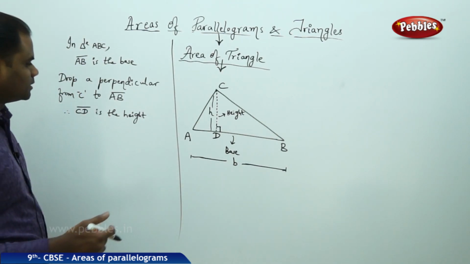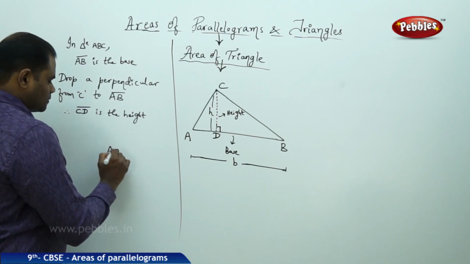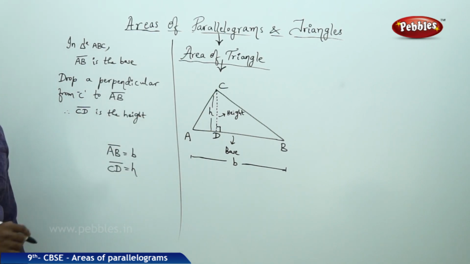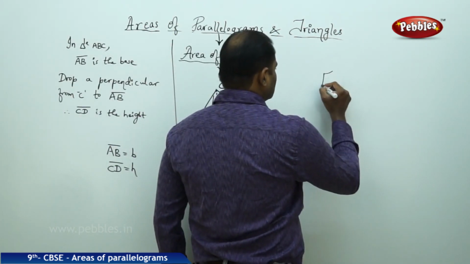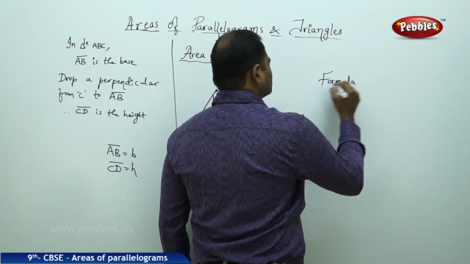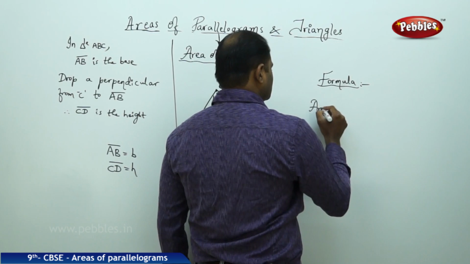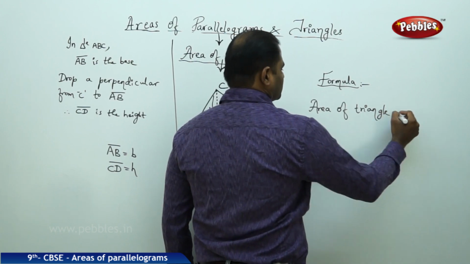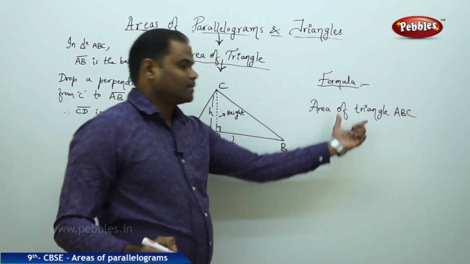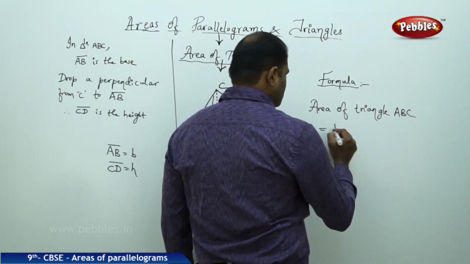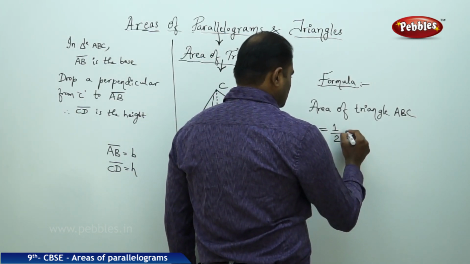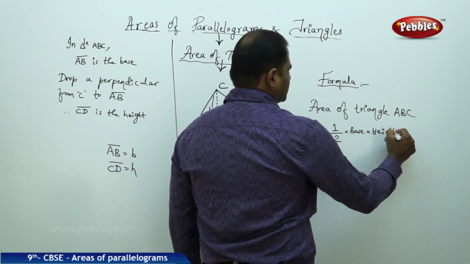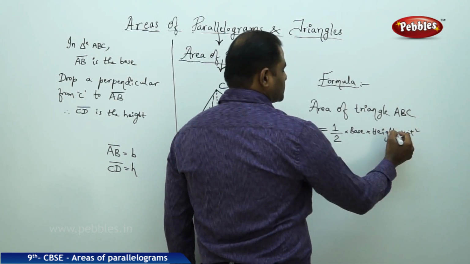With AB equals B and my CD equals H, I can derive the formula as: area of triangle ABC is given by the formula half into base into height square units.